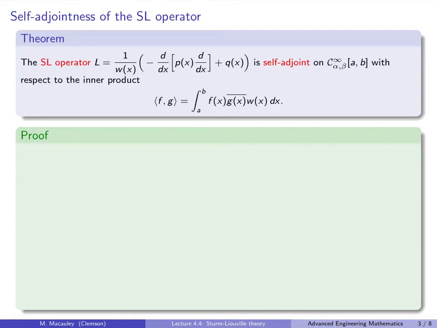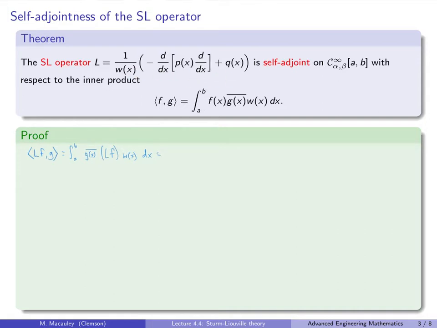Okay, so let's start out by writing what Lf dot g is. We're just going to use the definition, and then I'm going to show that that's equal to f dot Lg. So Lf dot g is the integral from a to b of g of x bar times Lf times w of x dx. And let's copy down what this is.